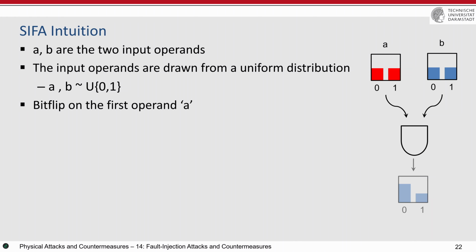CIFA tries to exploit this: if you inject some fault and then look again only at the cases where you injected the fault but the result was still correct, meaning the fault was ineffective, then some intermediate values are imbalanced. This is the imbalance.